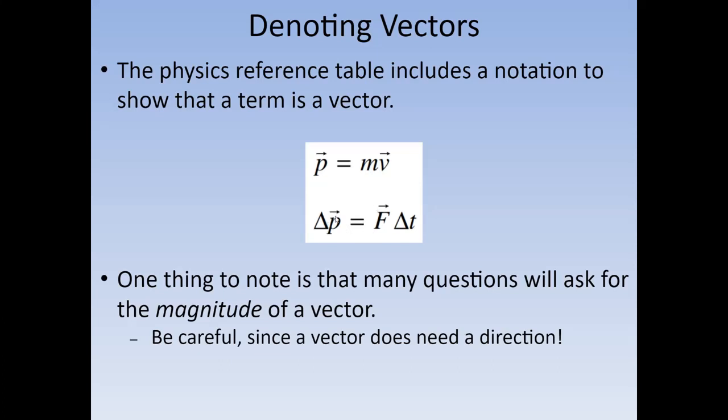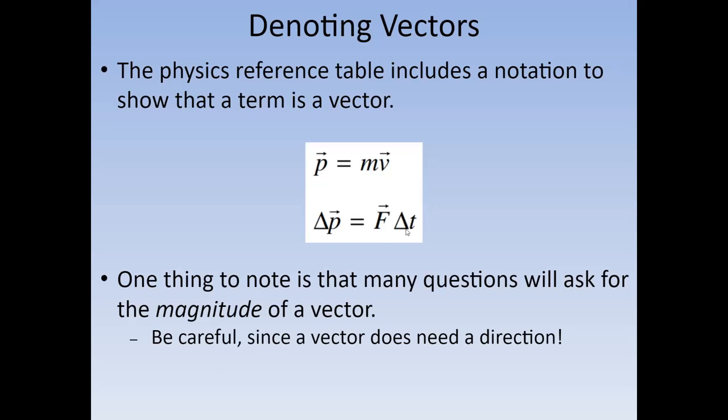P and F are vectors, and T is the scalar. So you can tell whether or not an object is a scalar or vector based off of whether it has an arrow. Unfortunately, the reference table doesn't do this for every single term, mainly because there are some equations where you can kind of be loose. Sometimes you could use scalars, it doesn't matter. But in the equations where it definitely does matter that that's a vector, they denote it.